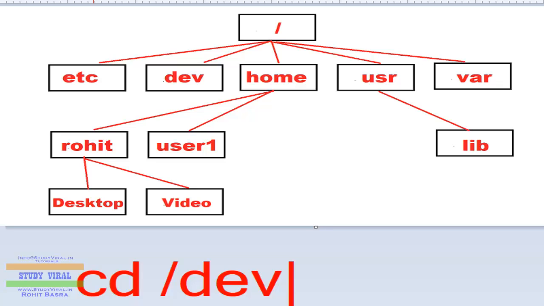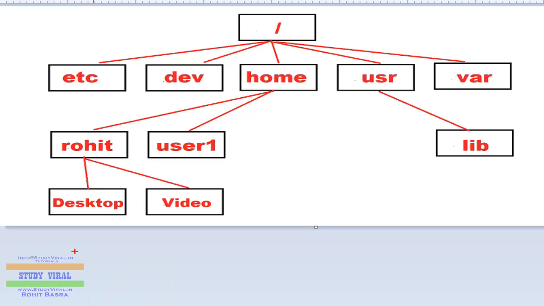If you want to go to some other subdirectory, if you are in Rohit directory and you want to go to videos, or you are in USR directory. So if you are currently in USR directory, you just type cd, and you want to go to library folder, type library.